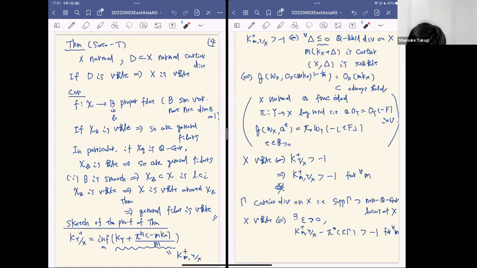Adding a small divisor, we can get the equivalence.